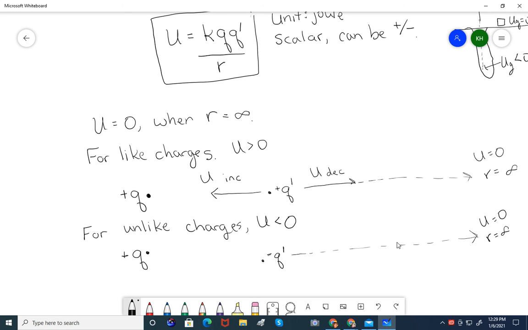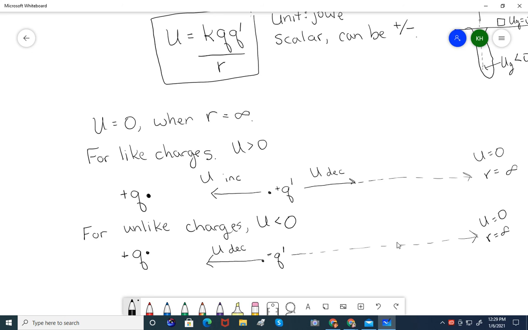Which way does a negative charge naturally fall? It doesn't want to be pushed away. It's pulled towards this. Its potential energy is actually decreasing as it moves towards this. That makes sense because it's going to be negative. If you have an increase in magnitude of a negative quantity, you're actually decreasing.